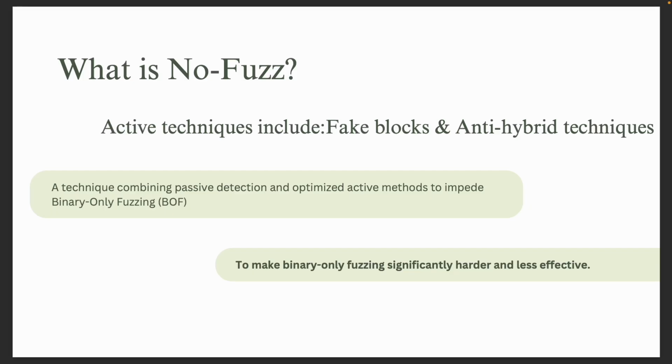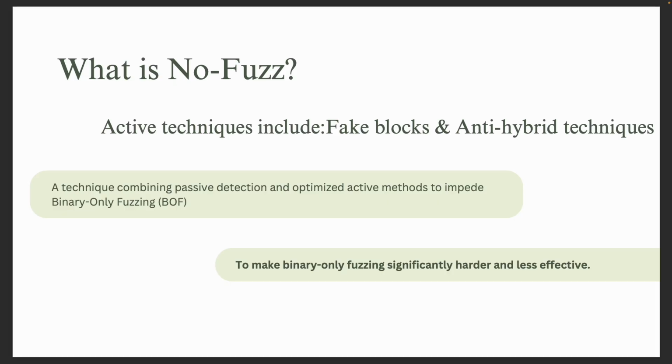Now let's look at a practical and efficient implementation of this idea: No Fuzz. While many counter-fuzzing techniques tend to introduce high overhead or require manual intervention, No Fuzz was designed to be lightweight, automated, and specifically effective against binary-only fuzzers such as AFL-QEMU.